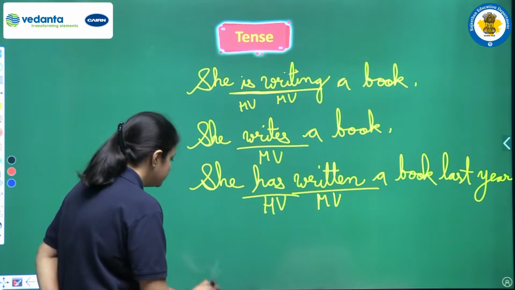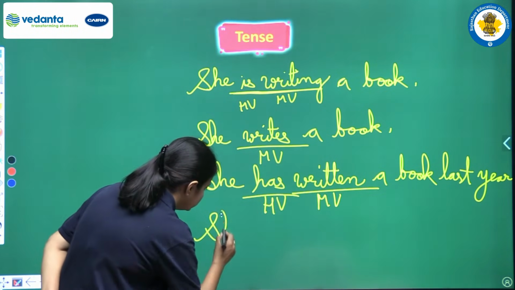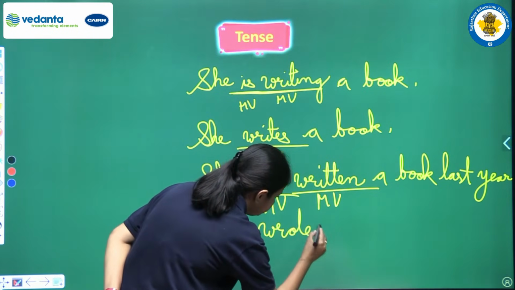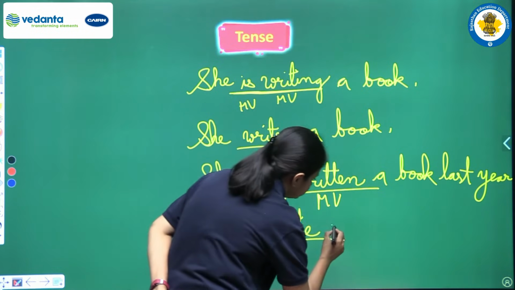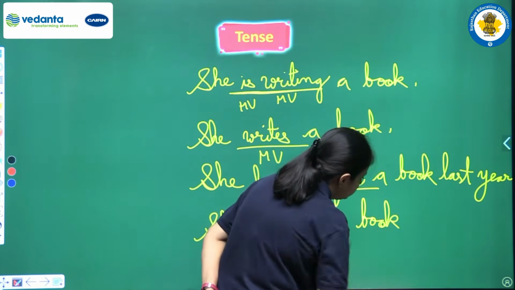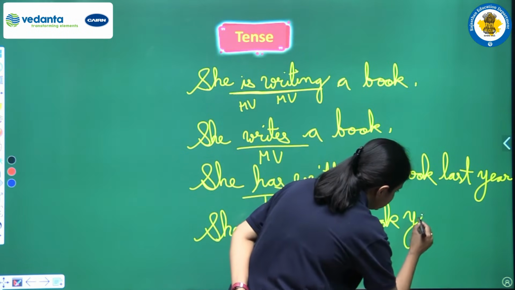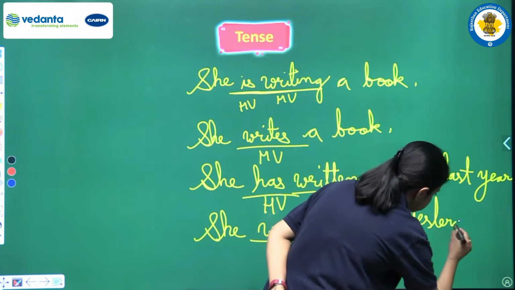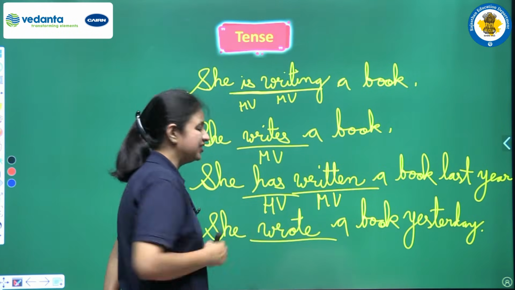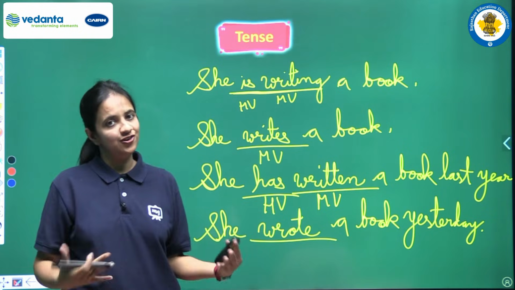And let's see one more sentence. She wrote a book yesterday. So again wrote is a different form of write.